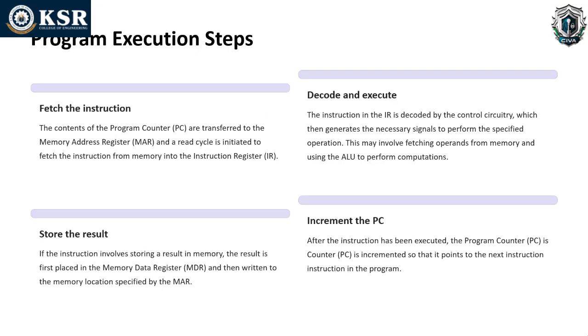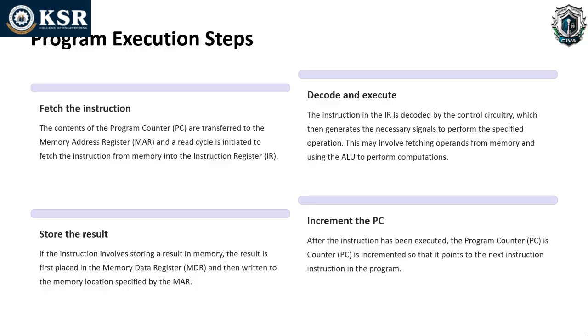Program execution steps. The program execution follows four main steps. The first step is fetch, next is decode, third is execute and fourth is store. First step, fetch: the program counter sends the address to the memory address register and the instruction is fetched into the instruction register. Decode: the control unit interprets the instruction.